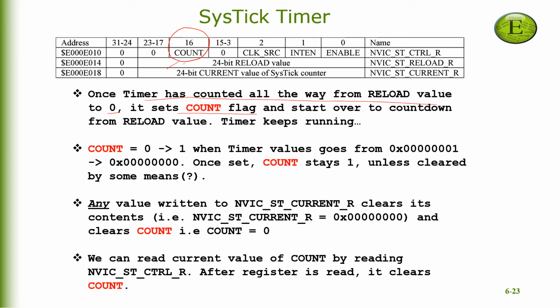That's when this count bit is set equal to 1, and the timer keeps running. It begins its next iteration starting from its reload value that's specified by this register's contents, and the next cycle of the countdown begins. The timer doesn't stop.